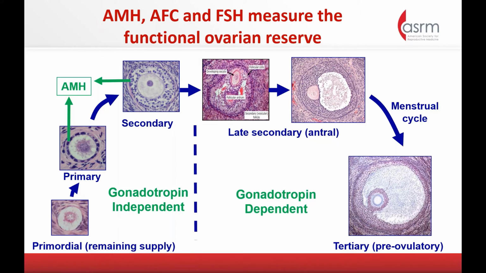Antral follicles are observed on ultrasound when you see the fluid sacs here on the late secondary or antral follicles. And of course, FSH, in interacting with estradiol and inhibin from the ovaries, is really a back and forth of the gonadotropin-dependent follicles. And as such, AMH, antral follicle count, and FSH are measuring the functional ovarian reserve.